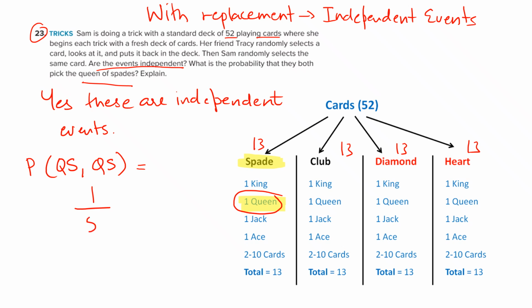So 1 out of 52 becomes the probability for the first friend, Tracy, to get the card. Similarly, if she puts it back, the sample space is again 52. There are a total of 52 cards, no reduction, and the second one also gets the same one. So it's a rare chance, not a common situation. After we apply the multiplication rule, we get 1 divided by 2704.